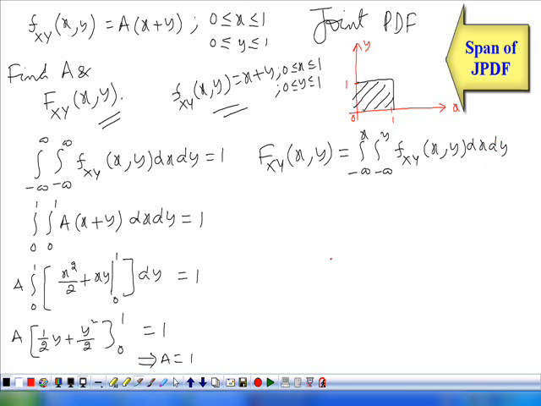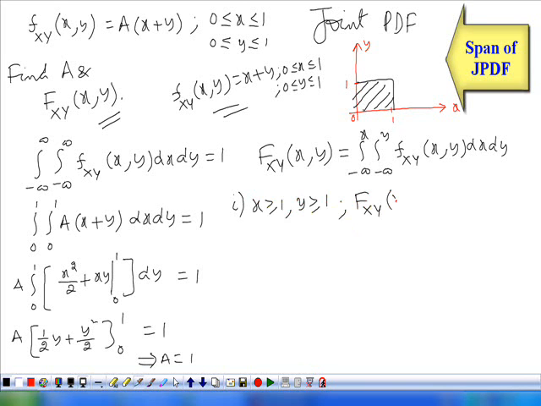So we have to find the volume under this function in the interval minus infinity to x and minus infinity to y. In order to find it, first you have to take different cases. First let x be greater than or equivalent to 1 and y also greater than or equivalent to 1. See, if x is greater than 1 and y is greater than 1, what does this indicate?